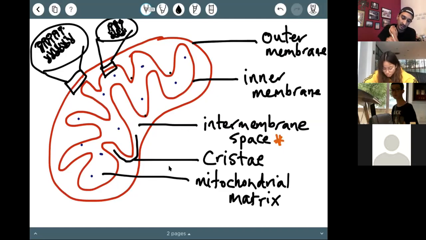This is a cristae, this is a cristae, and so on. Every fold is a cristae. So there are many, many cristae as part of the inner membrane.